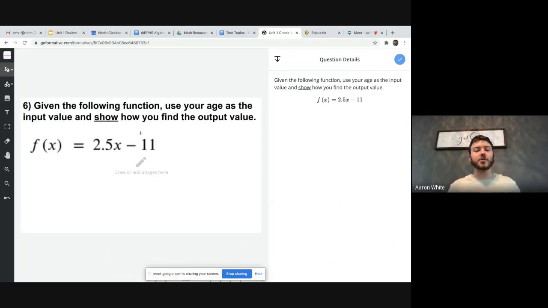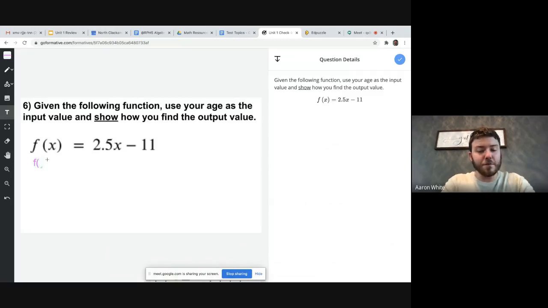What you had to do here is you had to put your age as the input value into this function. And the input value is always going to be the X value. And this says put your age in there. Many of you are 14 or 15. For this example, I'm going to go ahead and use 14. So I'm going to replace my X values with this input of 14.